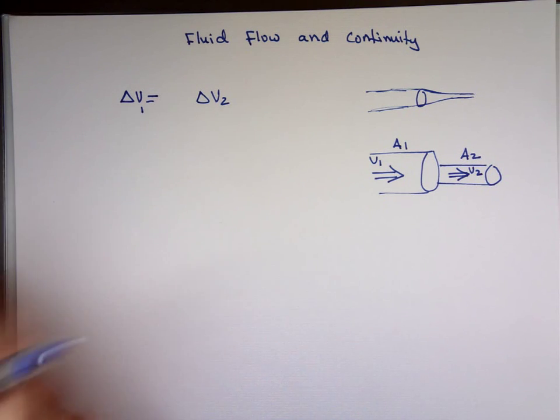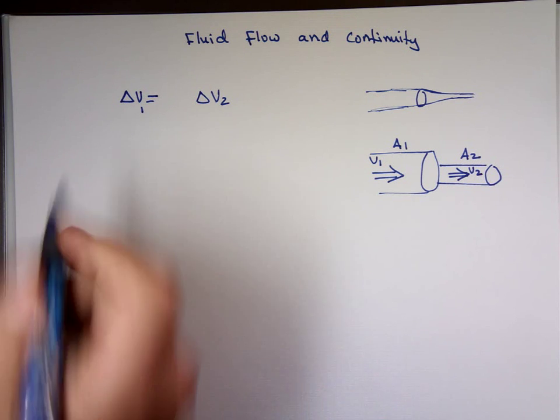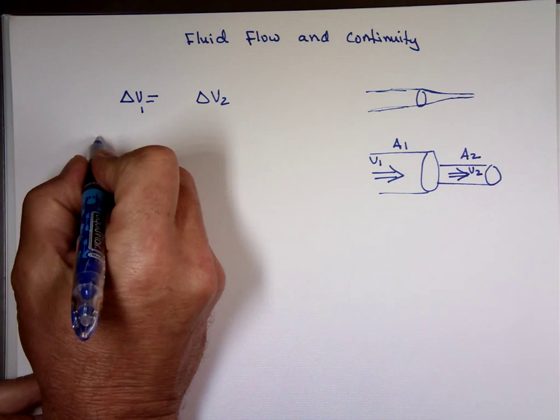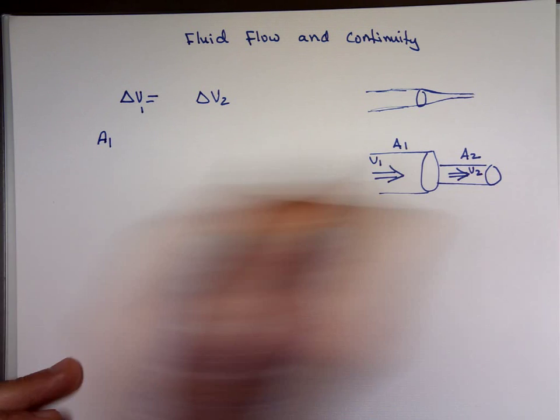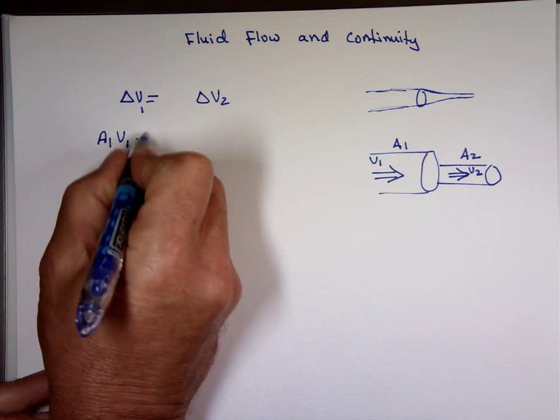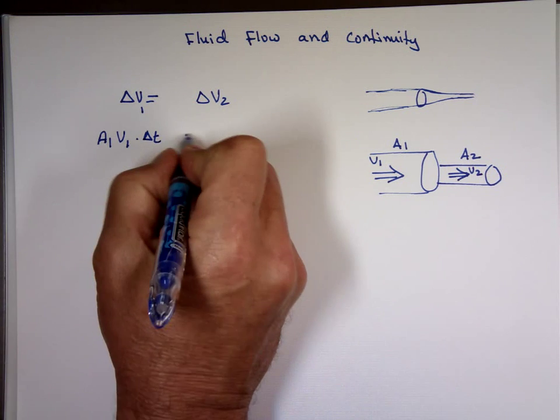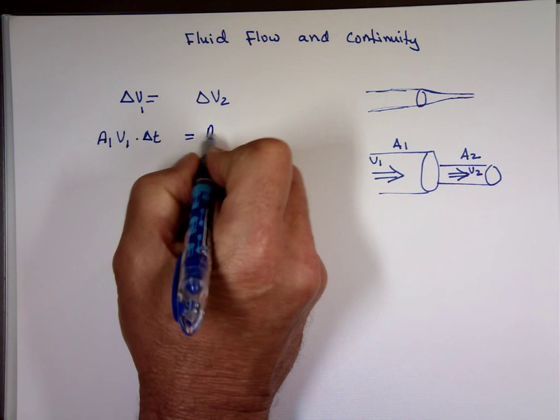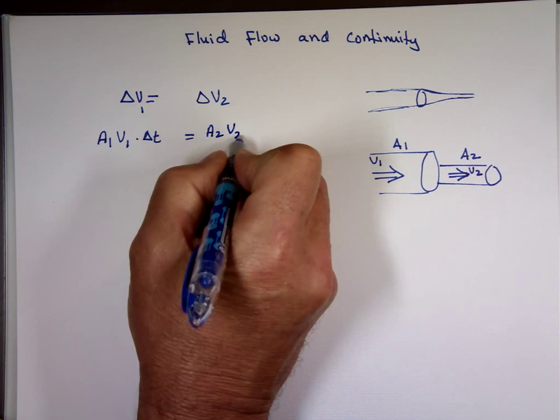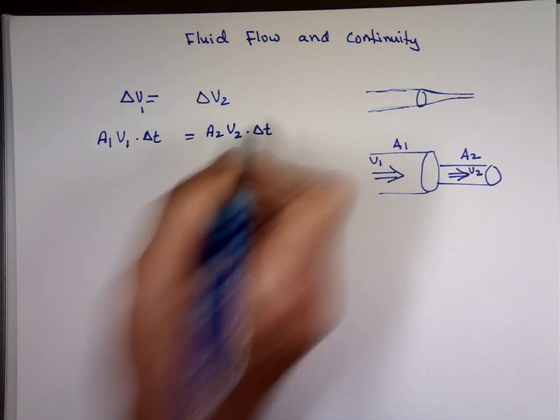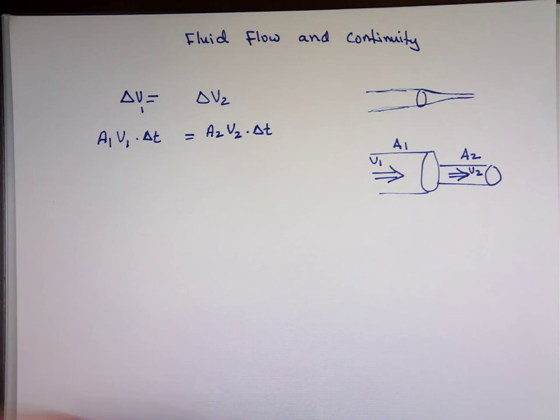The amount of water going through, the change in volume, is equal to area 1 times V1 times the time. And the change of volume in this one is area 2 times velocity 2 times the time. It has to be the same time: what goes in in 1 second has to equal what leaves in the same amount of time.